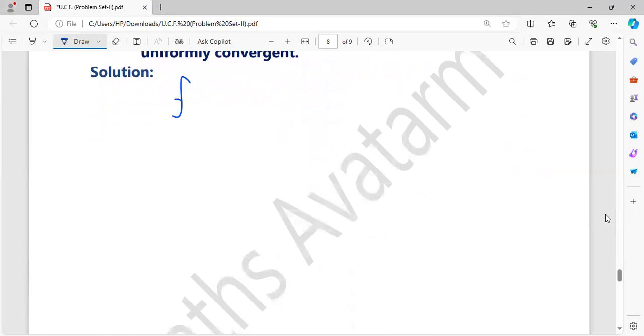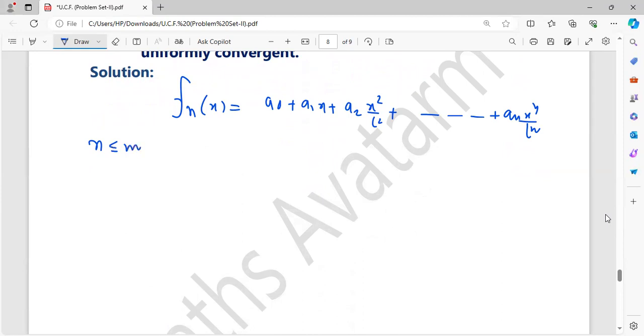Suppose Fn is given as a0 plus a1x plus a2 x square upon factorial 2 plus an x to the power n upon factorial n. Suppose m is greater than n, then what is Fm(x) minus Fn(x)?